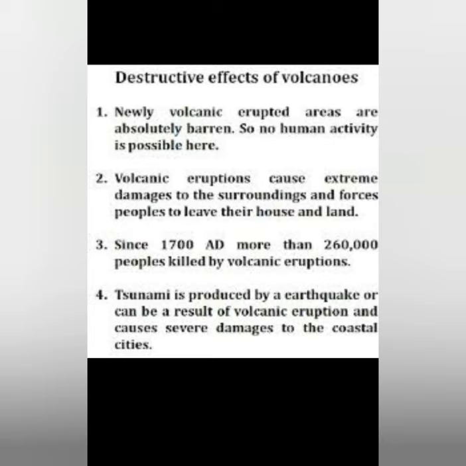Since 1700 AD, more than 260,000 people have been killed by volcanic eruptions. Tsunamis produced by earthquakes or as a result of volcanic eruptions cause severe damage to coastal cities.